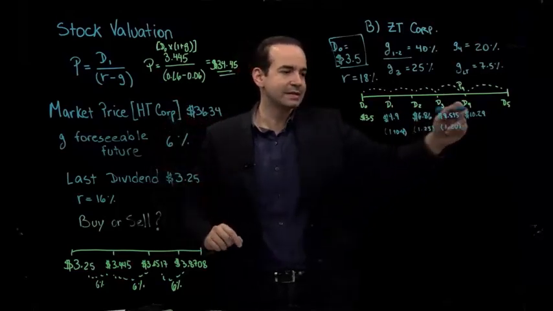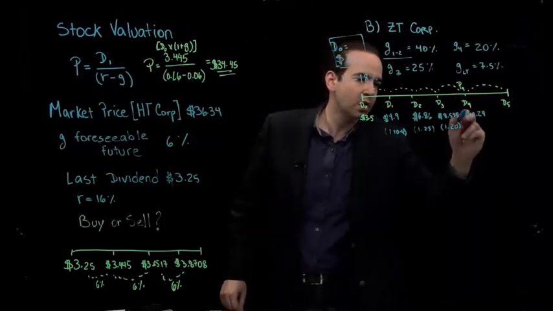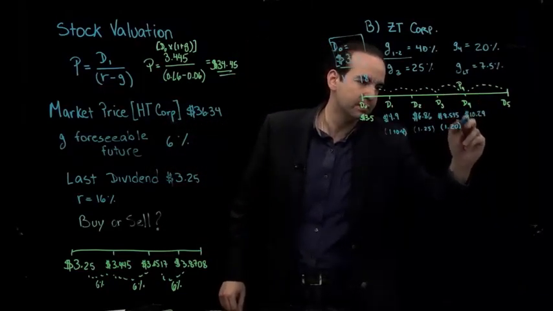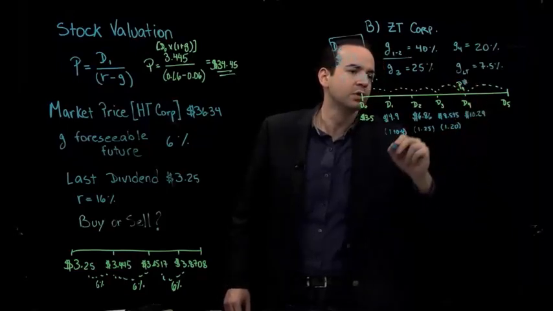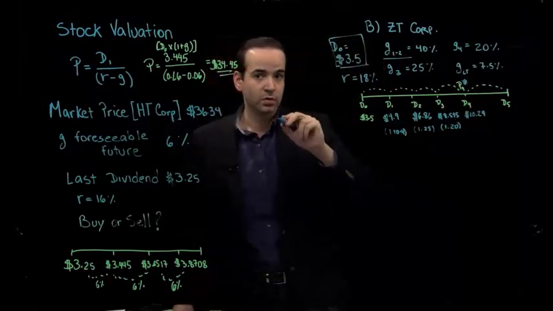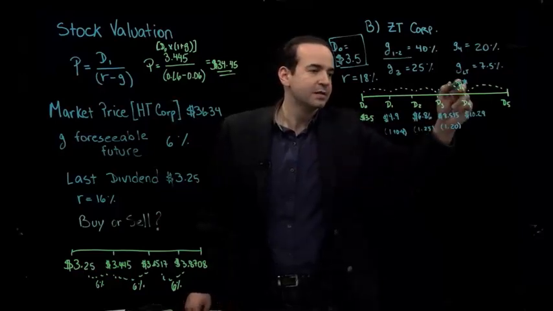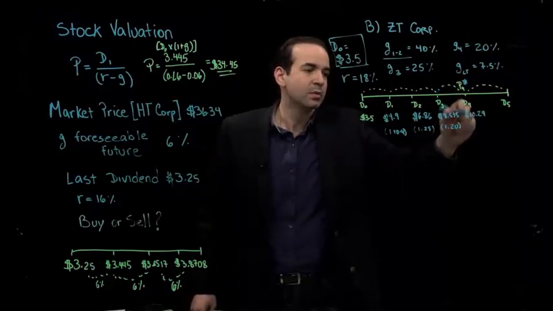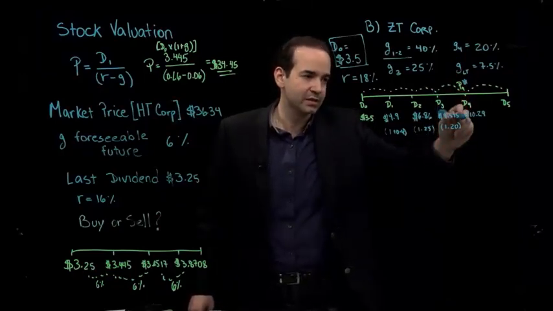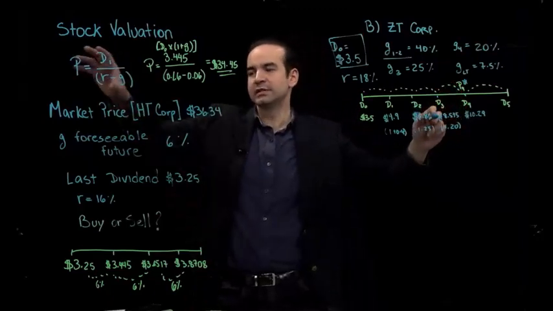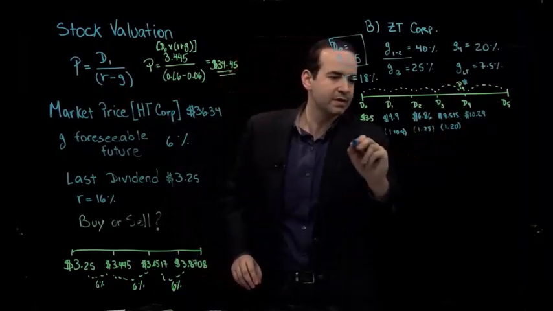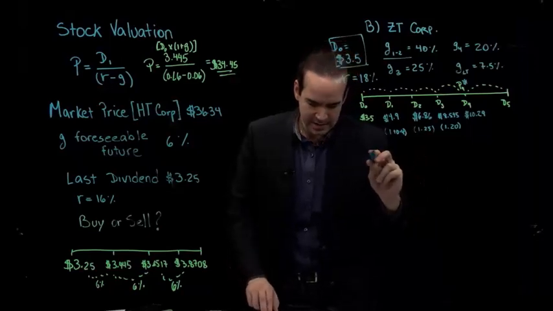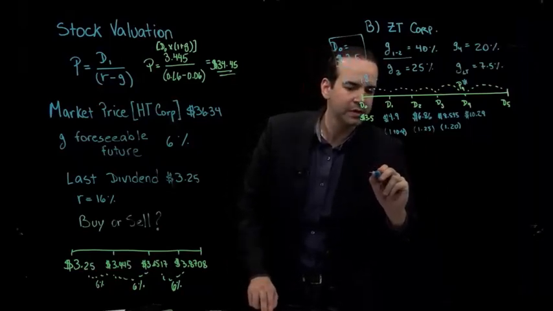Now, in this case, we're going to calculate D4, which is the fourth dividend, and we're also going to need P4. In other words, we're going to calculate the stock price at year 4, because at this year we can use this single formula. So these are the dividends, and at this point I'm going to make a line here.